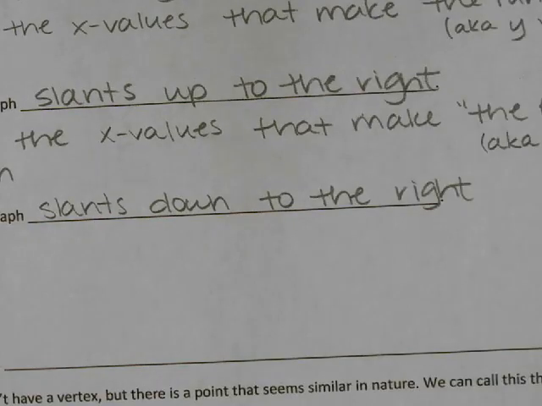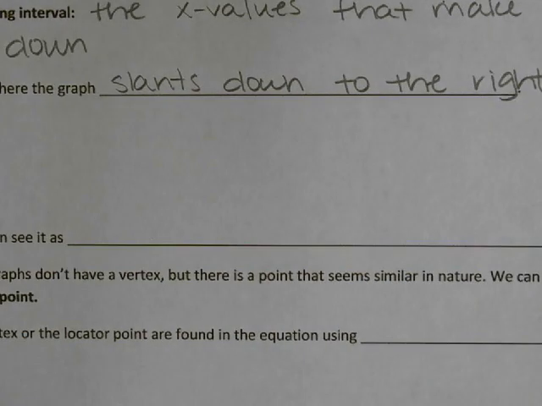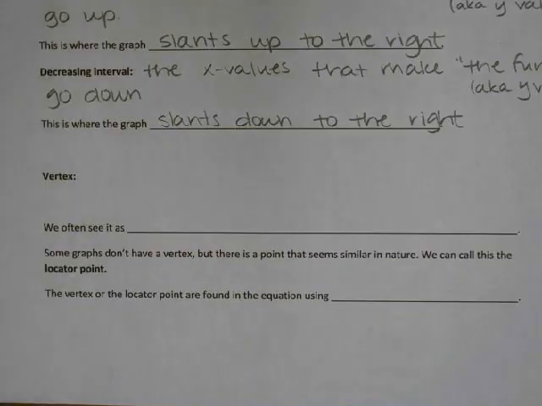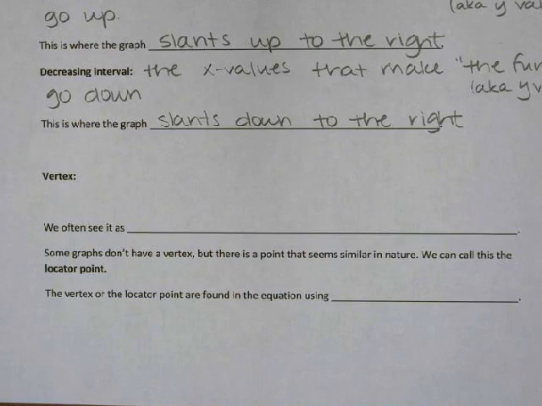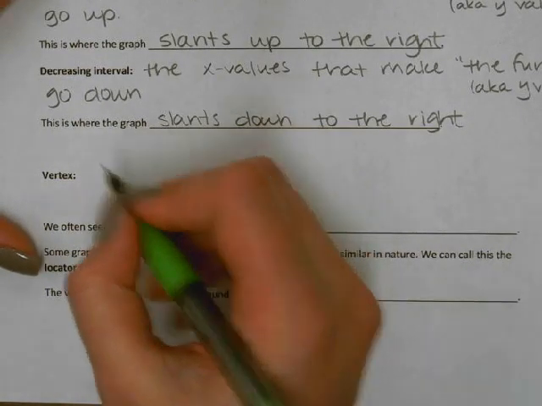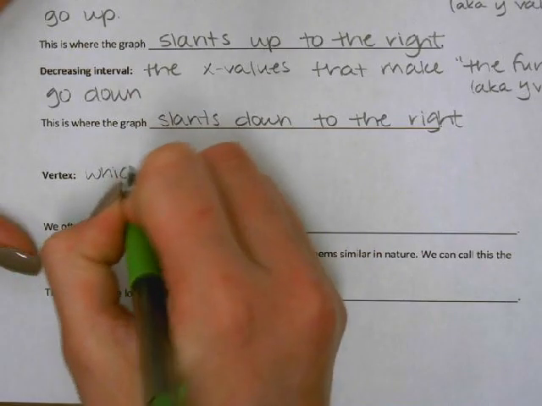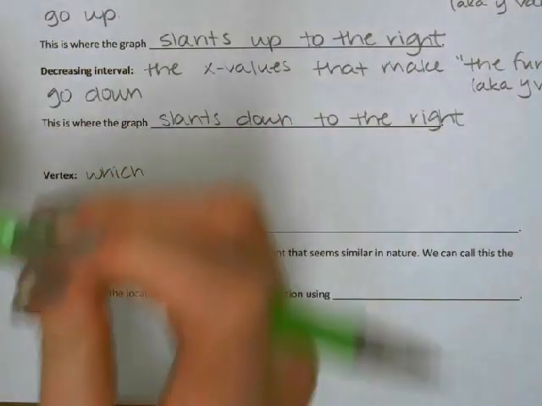Okay, we also want to look at what the vertex is. So here, I can see the vertex is where the graph switches from increasing to decreasing.